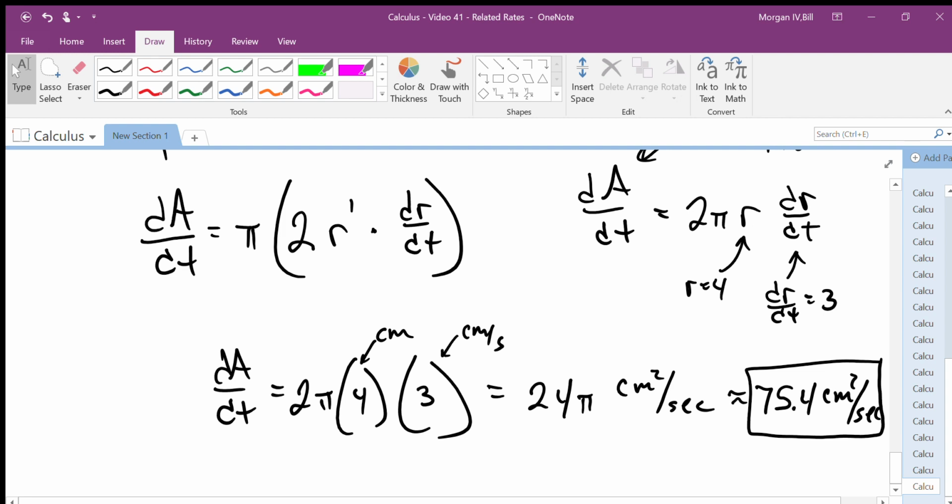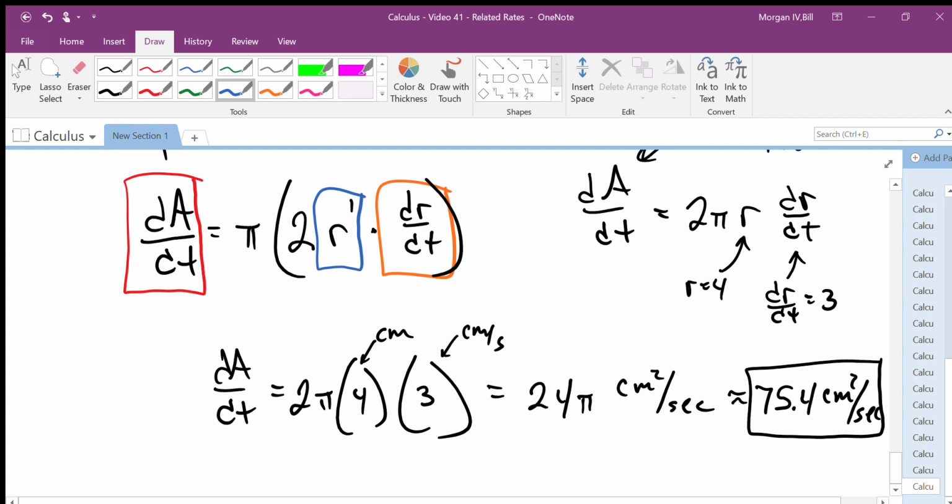Now, up at the top, I specified a couple of times that the rate at which the area changes, dA/dt, relies both on the rate at which the radius changes, dr/dt, and also the size of the radius. And we see that right there in the formula. The rate at which the area changes depends upon the size of the radius r and the rate at which the radius changes.